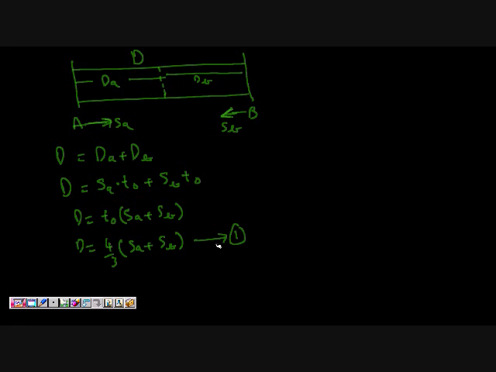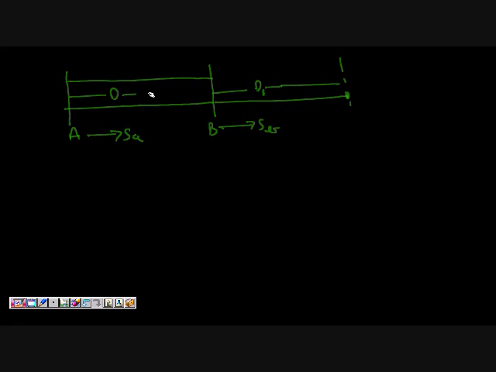Now let's consider the cars moving in the same direction. We know that S of A is the speed of A and S of B is the speed of B. In order for the cars to meet, we know that B has a head start of distance D on A, and let's say that B travels distance D1 before these two cars meet each other.